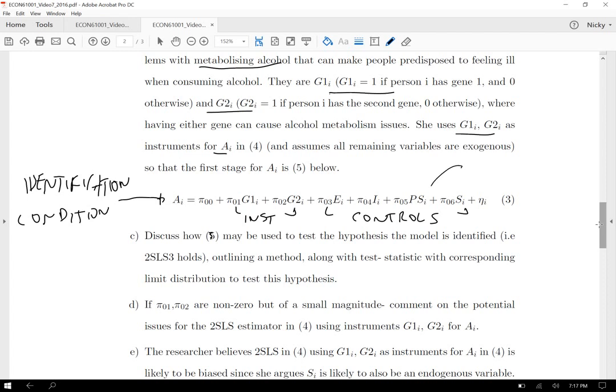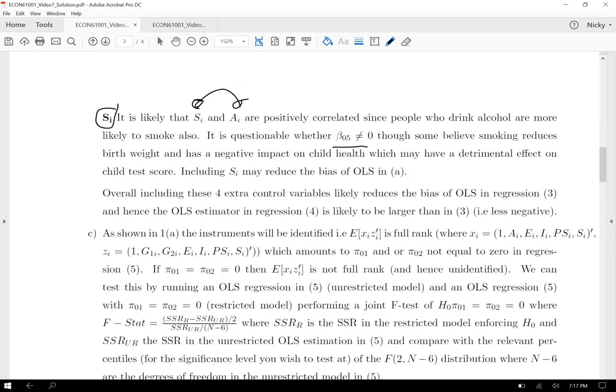How can we use a first stage regression to test the hypothesis that the model is identified, i.e. that this third assumption holds, two-stage least squares 3, outlining a method along with test statistic and the corresponding limit distribution. So there's a few things here. You have to first note this is the definition of identification.